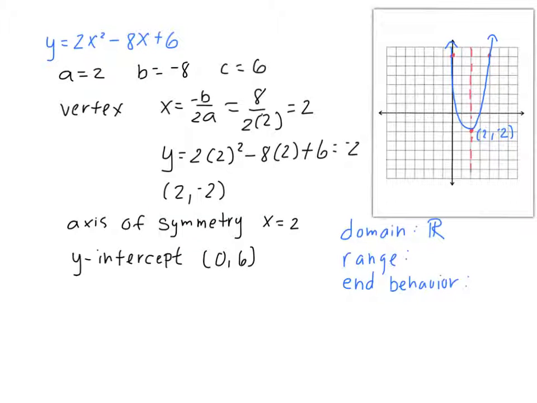So our range is y is greater than or equal to -2. On your homework, you're also asked to describe the end behavior. This parabola is concave up, so both ends are going up. And that completes the problem.